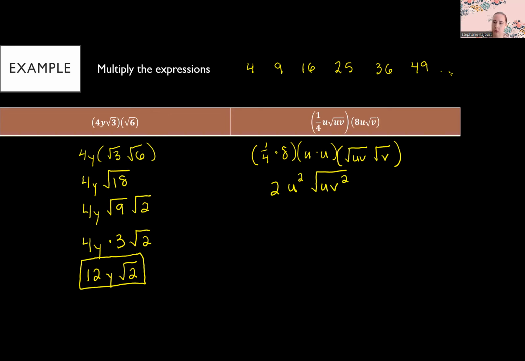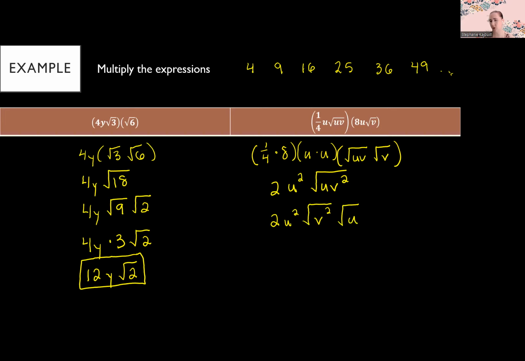So we get 2U squared and then the square root of UV squared. When you have variables, if it's an exponent that you can divide by 2, then you want to split it up. So I've got 2U squared, and I'm going to split this up, and I put my V squared first and then my U.